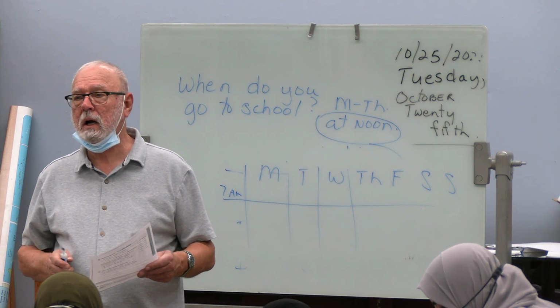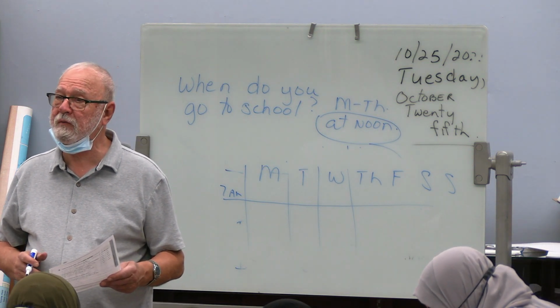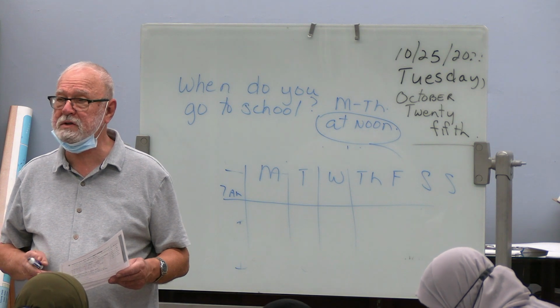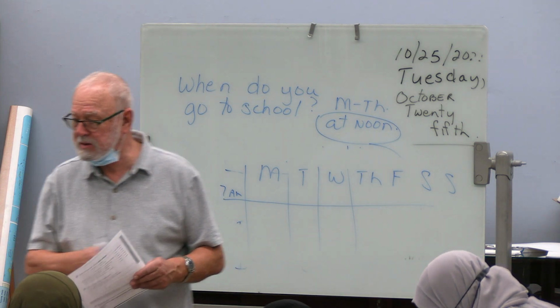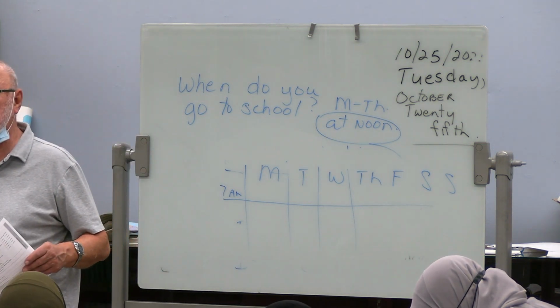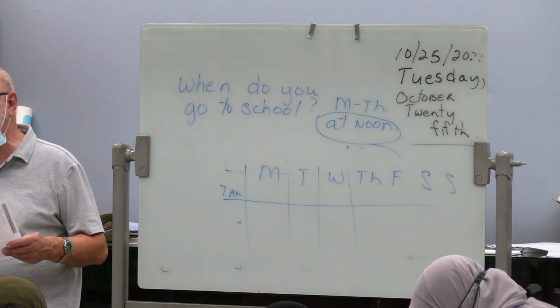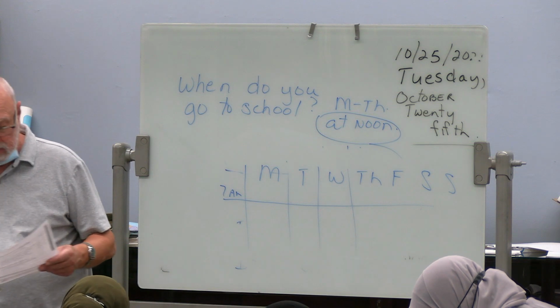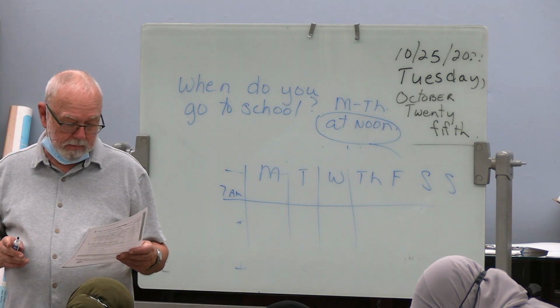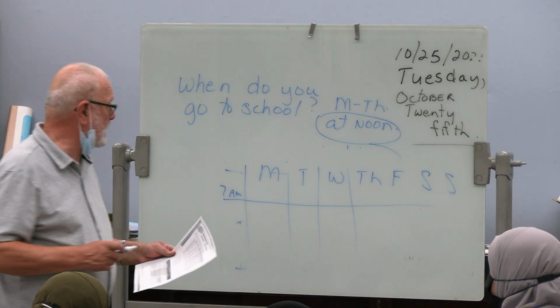So if I said, Mohammed, how often do you go to work? And you said every day, that means 7 days a week. So we have to make sure we answer the question. How often? This one, once again.